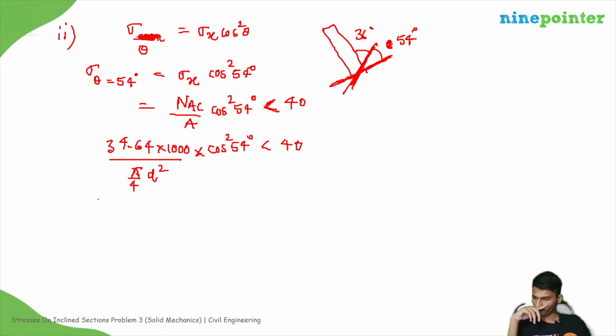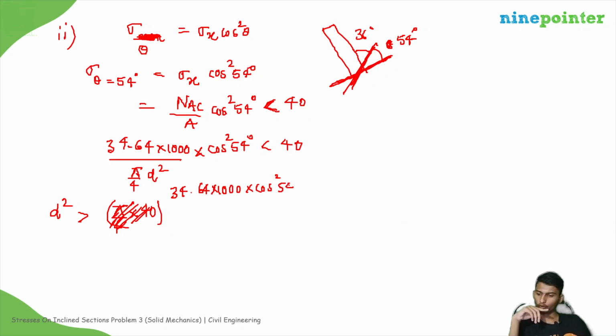So d square should be greater than 34.64 into 1000 into cos square 54, divided by pi into 40 into 4.